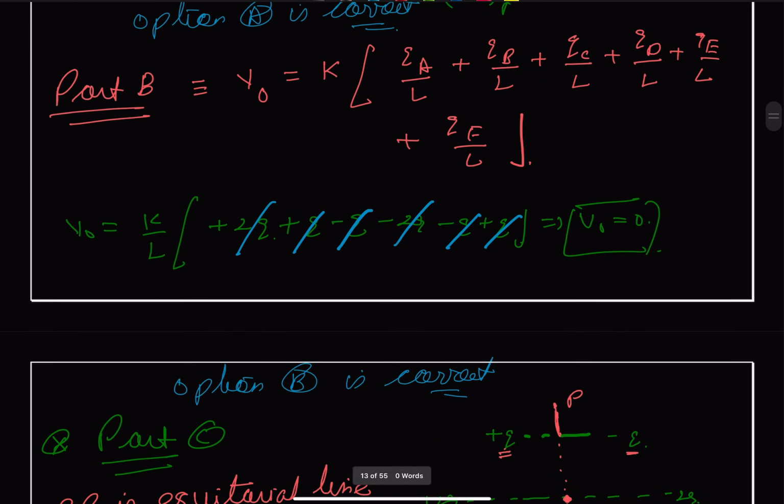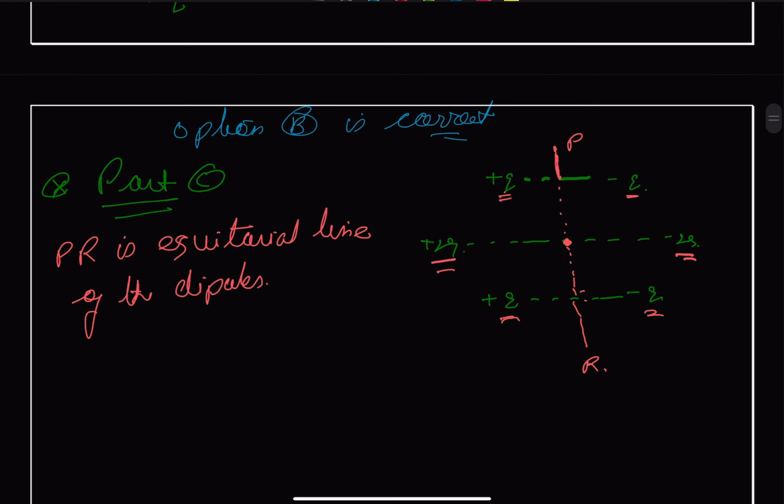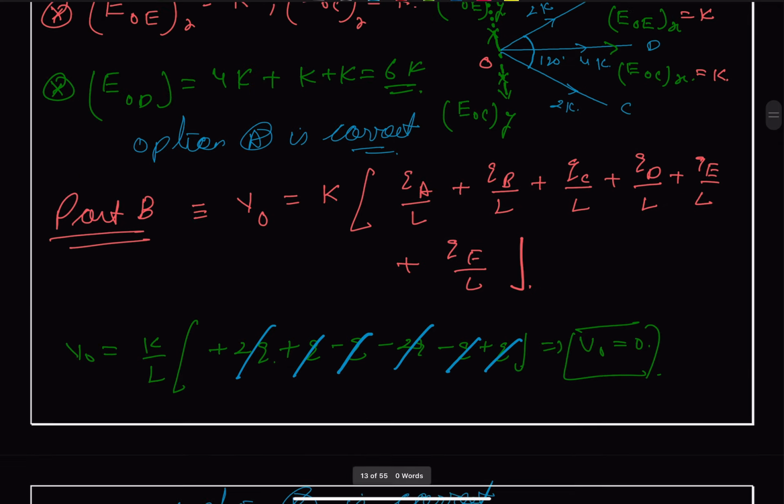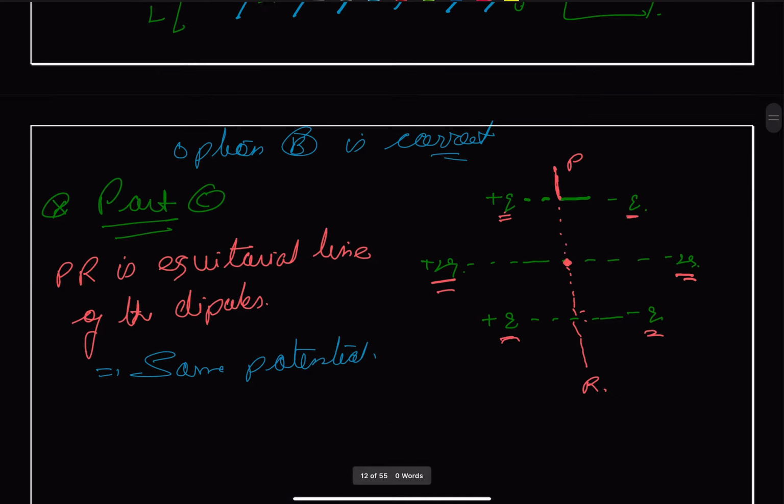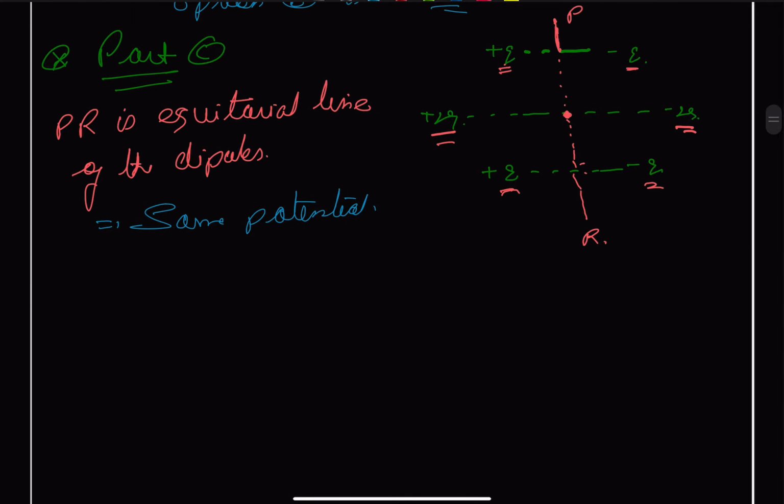So the potential on this entire line will be same. Same potential. Therefore, option C is also correct. Option C is correct.